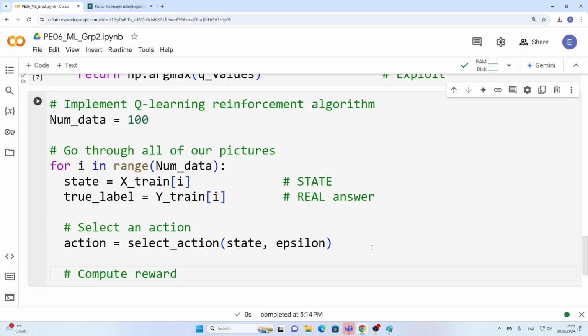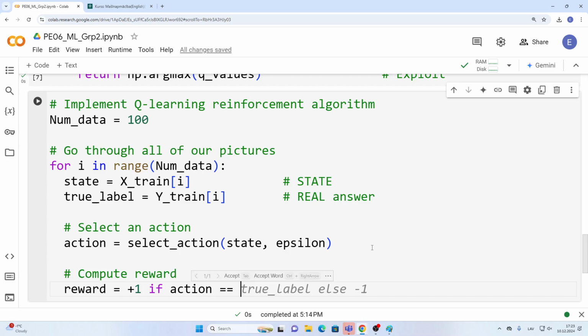Yes. Now, reward is going to be equal to 1, or we can say plus 1, if action is the same as the true label. So if we guess correctly, we give a reward of plus 1. Otherwise, else, it's going to be minus 1.